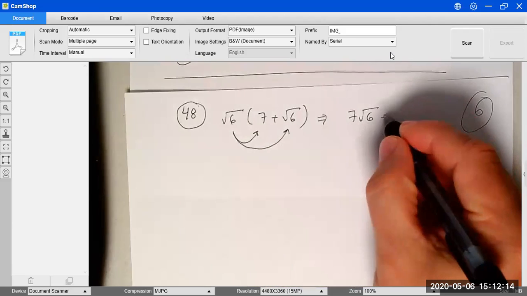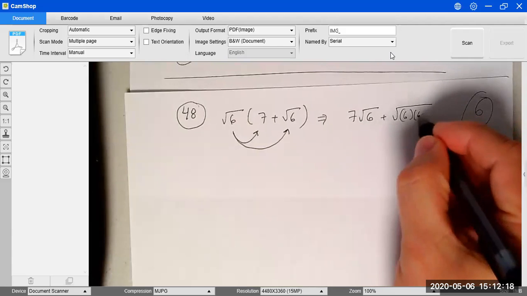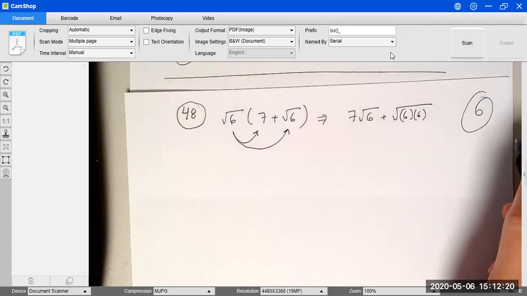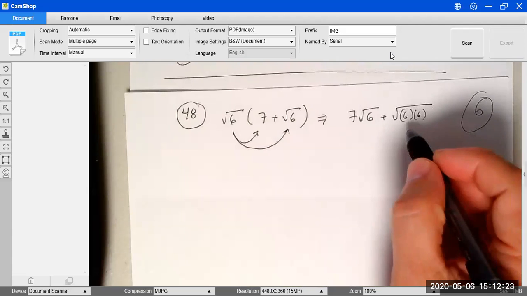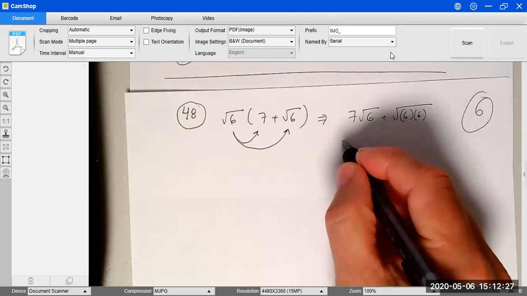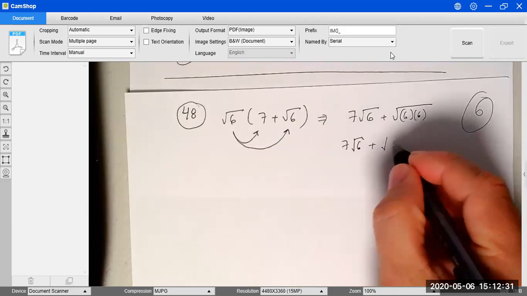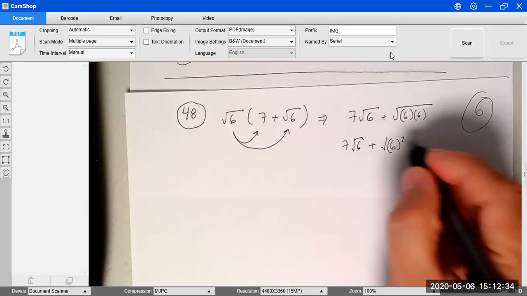So you can write just 6 times 6, which is 36, or as you can see, 6 times 6 is just the square of 6. So you can write 7 times radical 6 plus radical 6 squared.